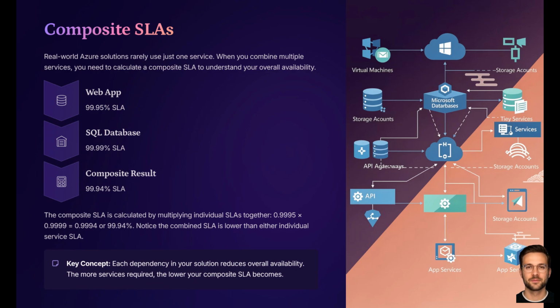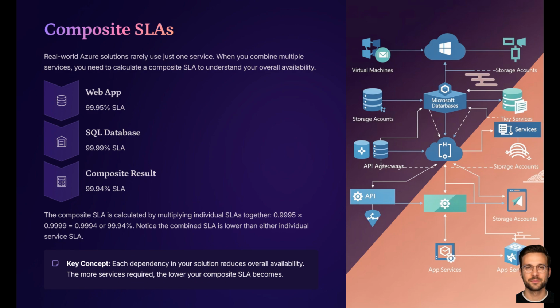For example, imagine a simple solution that depends on 2 services. A web app with an SLA of 99.95%. A database with an SLA of 99.9%. To estimate the combined SLA, you convert these to decimals. 99.95% equals 0.9995. 99.9% equals 0.999.